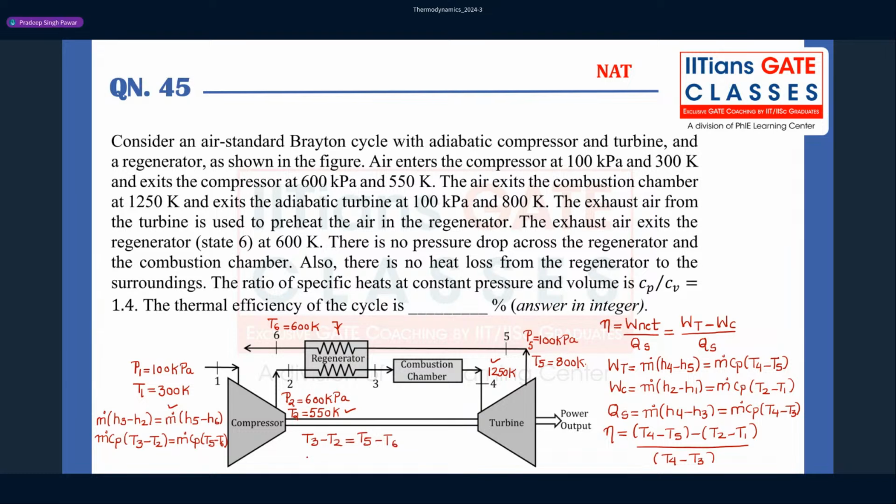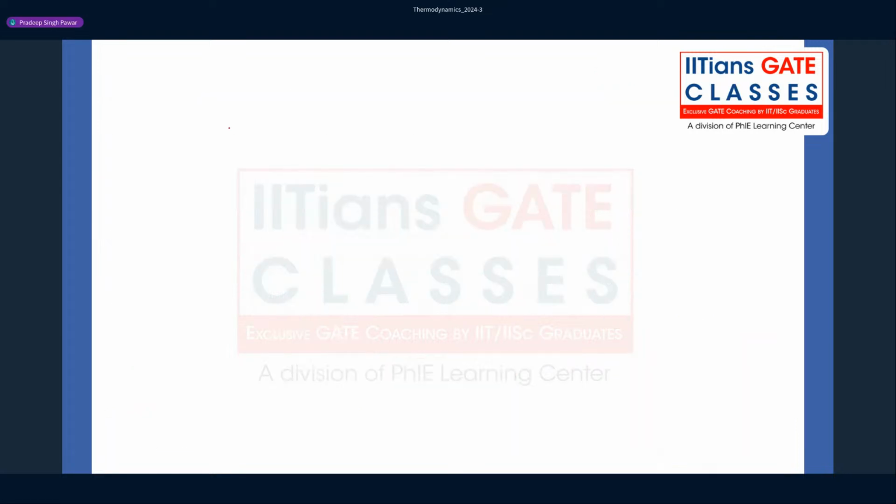So let's substitute here. T3 is something which we want to evaluate. What is T5? T5 is 800 Kelvin, T6 is 600, and T2 is 550. What do we get here? We get 750 Kelvin. Now we know all the temperatures. So let's substitute here. What is T4?